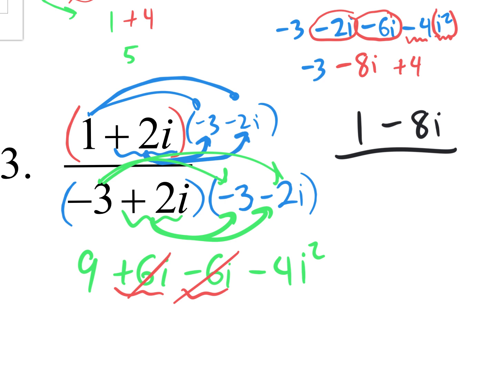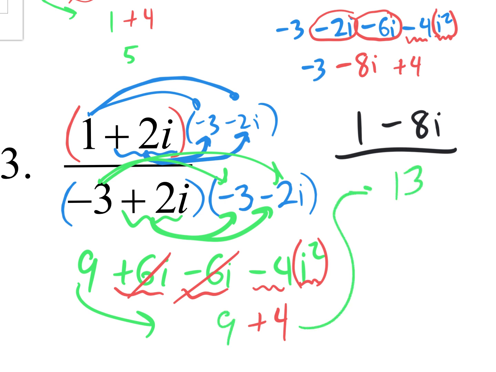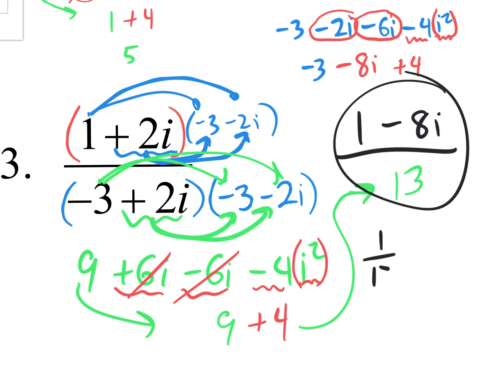That's because we multiplied a binomial by its conjugate. And not only that, this i squared is really a -1. So you have -4 times -1, which is a positive 4. And that 9 just simply comes down. And 9 plus 4 is 13. So there's my answer. Another acceptable answer would be 1 over 13 minus 8 over 13 with an i right next to it.